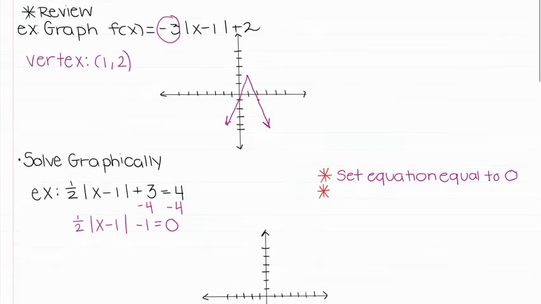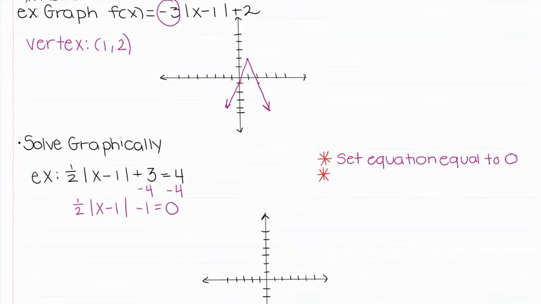And so basically what we're asking is, when is this equation equal to 0? So in order to solve that, we need to graph it. So the goal is to graph the equation and find what x values are equal to 0. So I'm going to go ahead and write that step down. So we want to graph the equation, and we practiced how to graph on Tuesday, right up above.